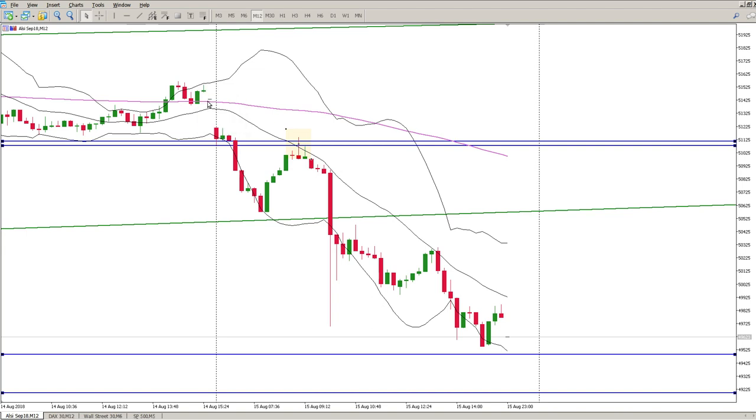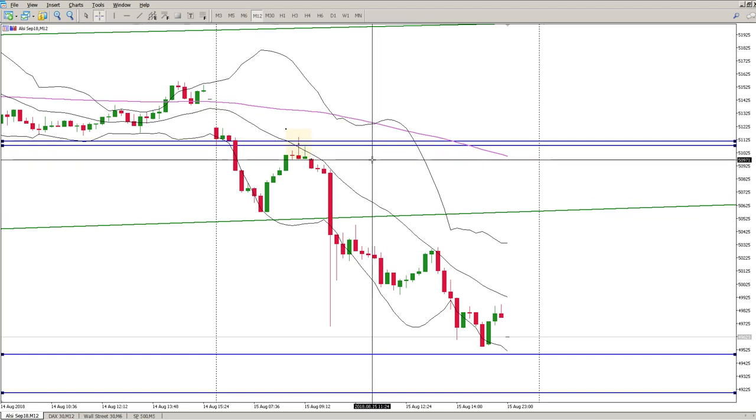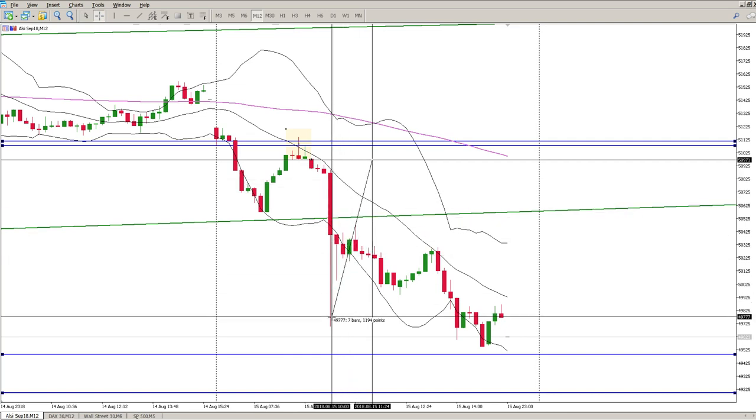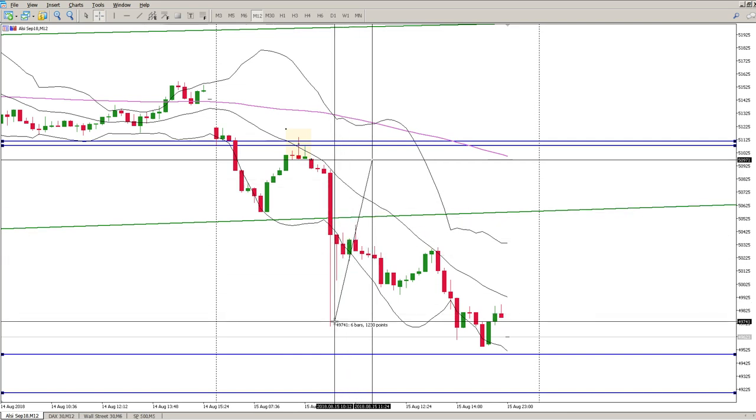So you can see this gap down broke the 20 moving average, and this tested the break of the 20 moving average. So your entry would have been below this pin bar, stop above the pin bar, and if you'd taken that trade within pretty much an hour, you would have been able to bank close to 1,200 points.